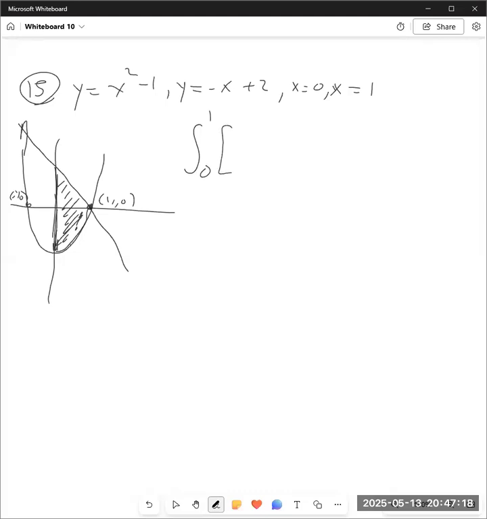And then upper function is the line minus lower function is the parabola. And so this is going to be the integral from 0 to 1 of negative x squared minus x plus 3 dx.